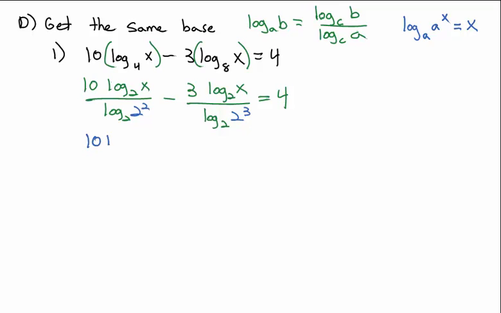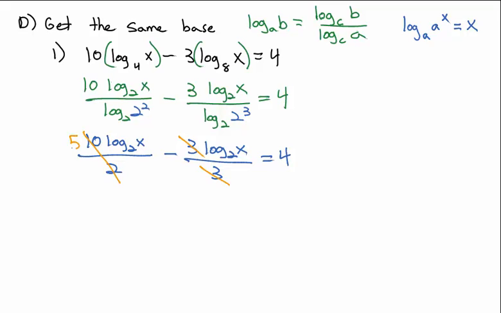So now we have 10 log base 2 of x divided by, bases are the same, so the answer is the exponent, 2, minus 3 log base 2 of x divided by, the bases are the same, so the answer is the exponent, 3, equals 4. Well, this just keeps getting nicer because now those 3's divide out, and 10 over 2 reduces to 5. So we really have 5 log base 2 of x minus a log base 2 of x equals 4.